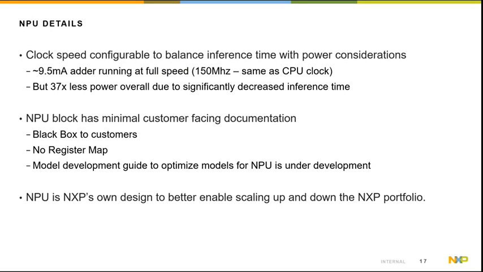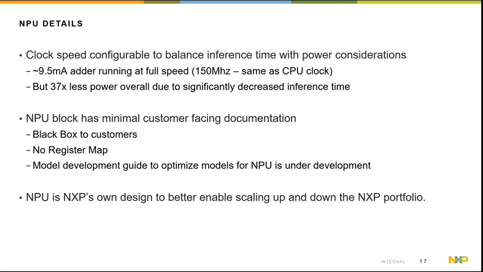Obviously, if you're constantly doing inferencing in a loop, that's going to negate the power savings. But if you only need to do an inference once every second, or only when it detects something in front of it, maybe with an IR sensor, and then you turn on the camera and the model to run an inference on whatever just stepped in front of the device, then you can save a significant amount of power.